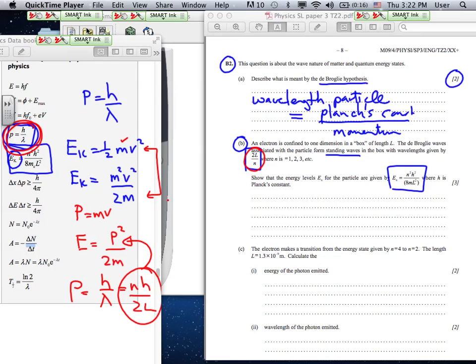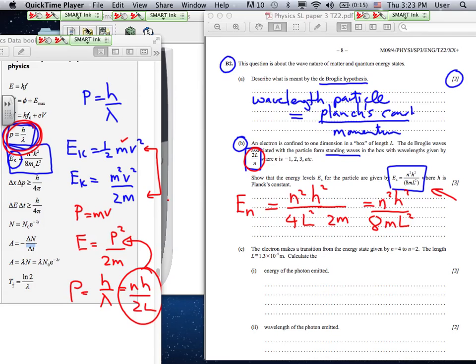So I'm going to get n squared h squared over 2 squared, 4, L squared, and that goes into my formula for E, and that obviously all gets divided by 2m, so I've still got my 2m there. So I get n squared h squared over 8mL squared. So I have given that.